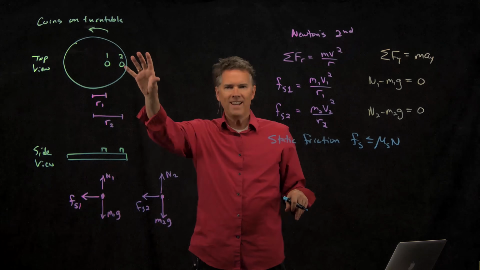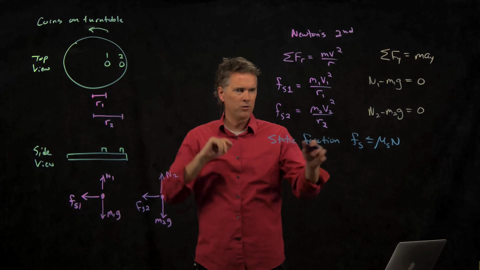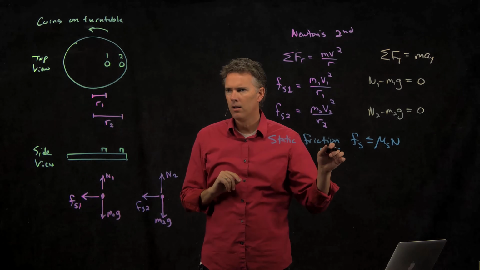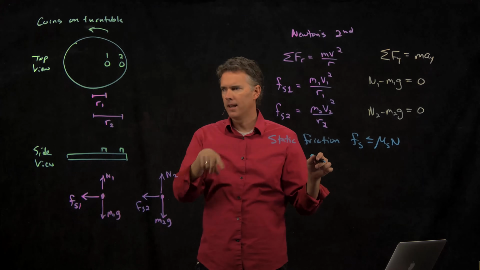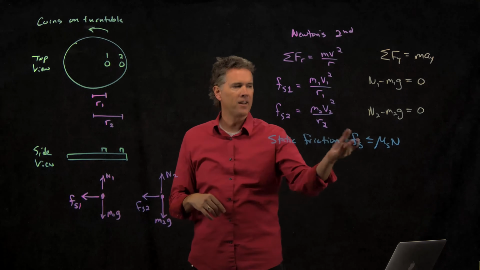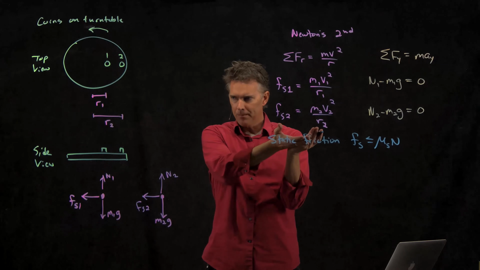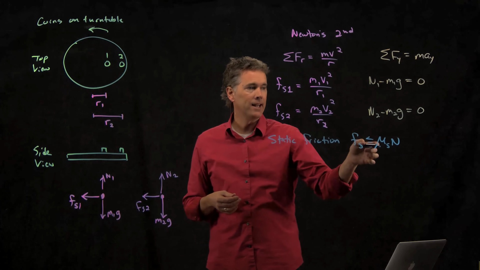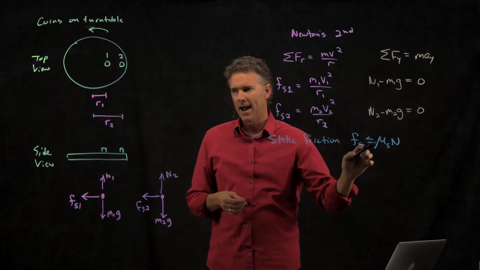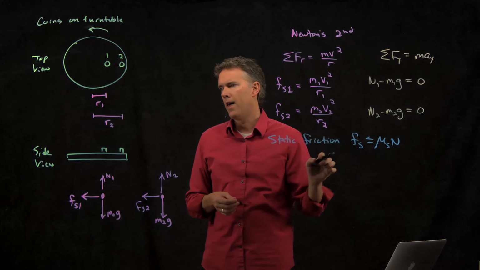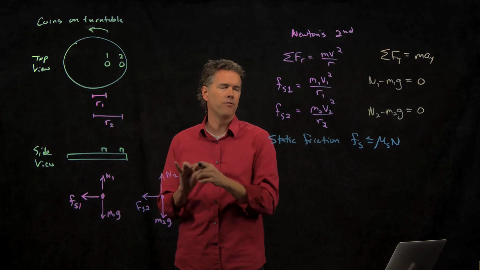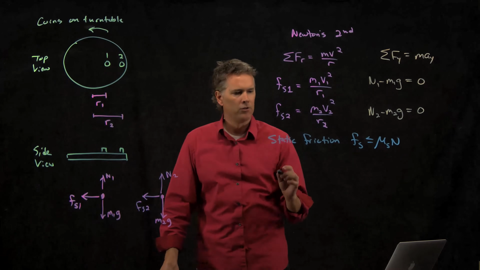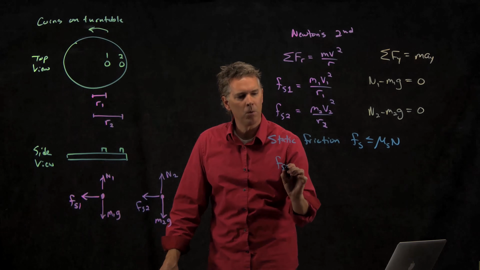So when the thing is not rotating, there's no static friction at play at all. When it starts spinning faster and faster, static friction starts to ramp up until it hits the equal sign. That's the maximum it can be, and that's when the coins then fly off the table. So what is F sub S1?